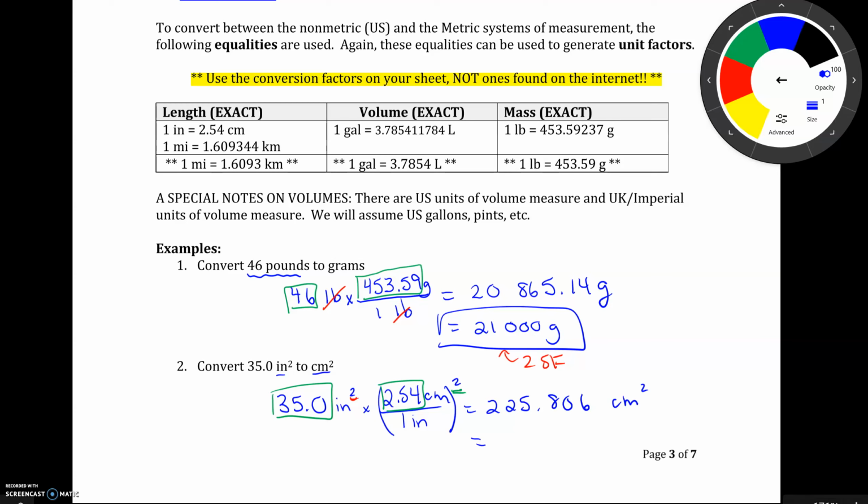Next step, I round my final answer to ensure that I have the correct number of significant digits. I write my final answer, including units: 35.0 square inches is equal to 226 square centimeters.